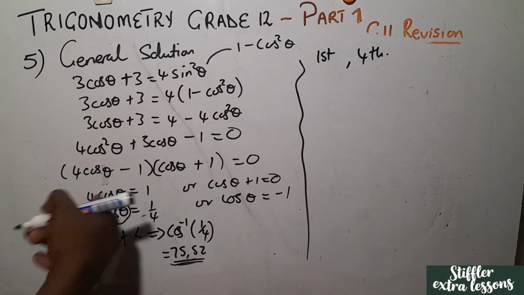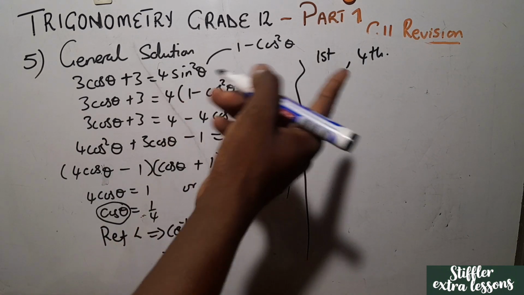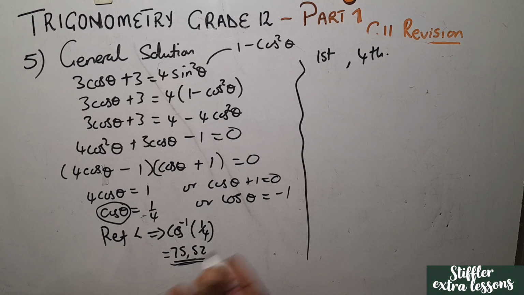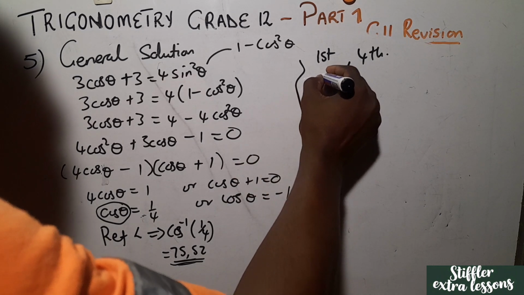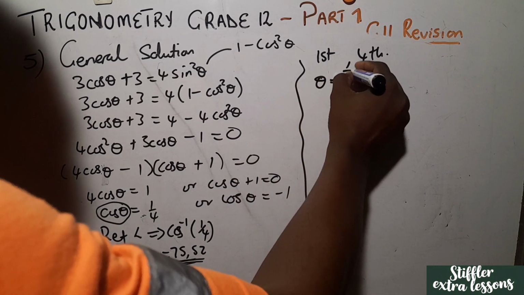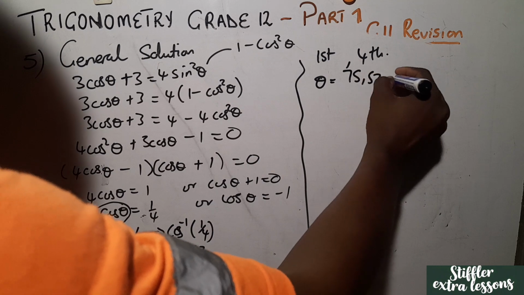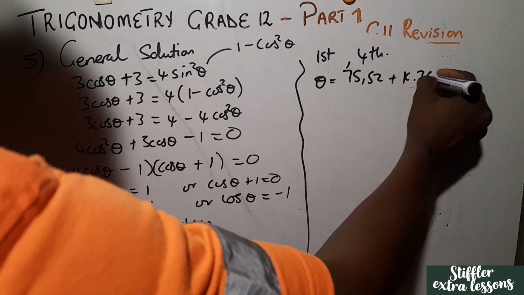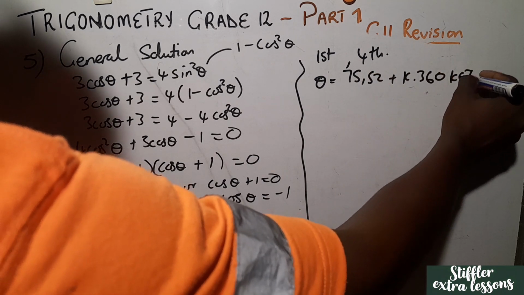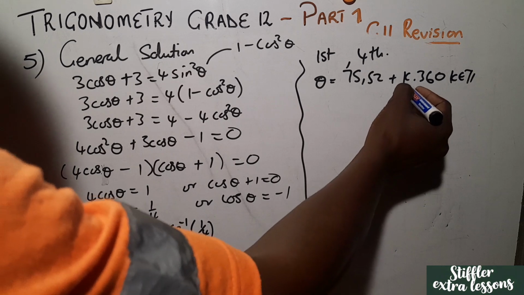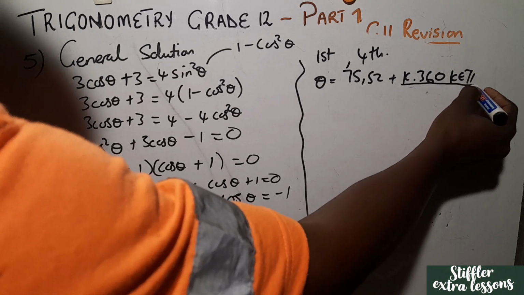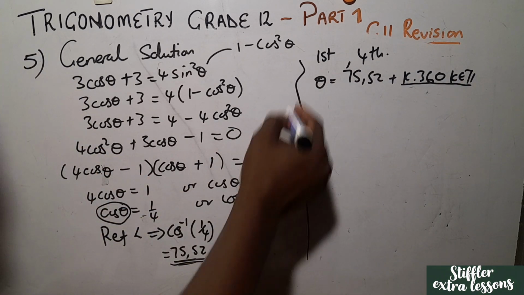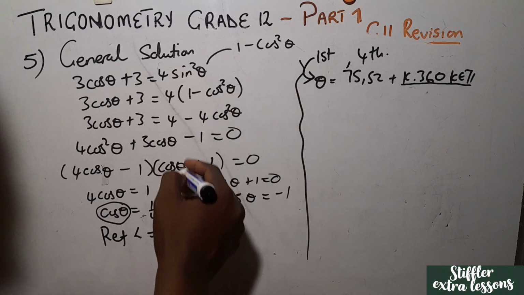So you use the reduction in the first and fourth quadrant to find the solution. So in the first quadrant, theta will be equals to 75.52 plus k times 360, where k is the element of integers, right? So we include this in the general solution, right? So that's the first quadrant solution.